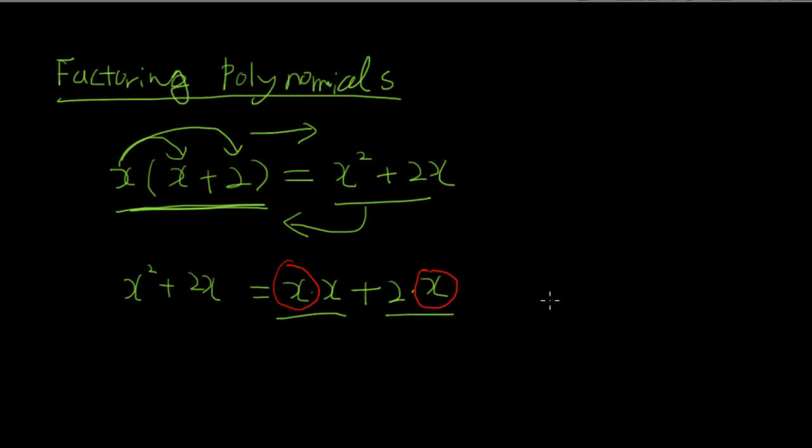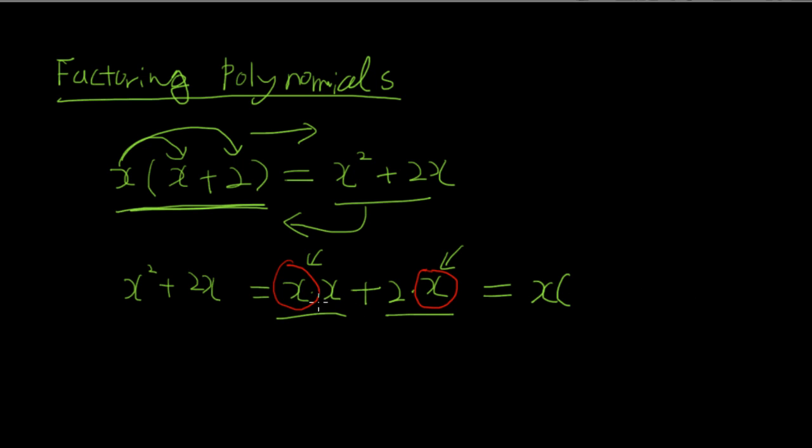The proper language is that you are factoring out those common terms. So I'm going to factor out the x from this and this. Because I factored it out, I'm going to put the parentheses and then write whatever is left behind.